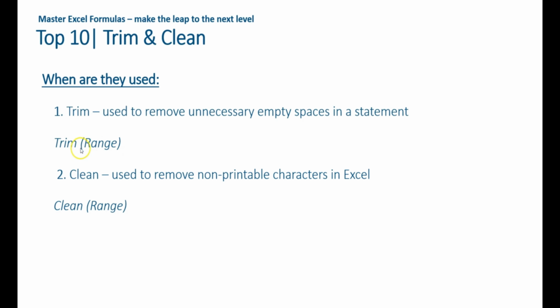All we need to do is select the cell or the range. Clean does something a little bit different. It is used to remove non-printable characters in Excel. Again, the structure is the same as the trim function. So let me show you what I mean by giving you a couple of examples.